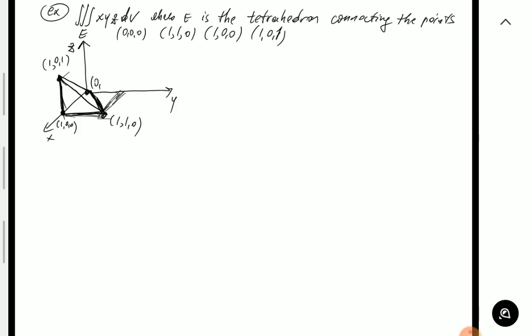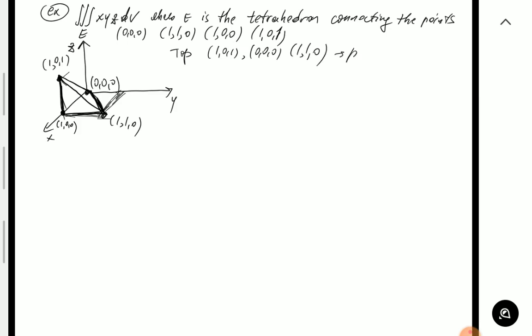So this is the point (0, 0, 0). For the purpose of Fubini's theorem, the top and the bottom share the same common domain. The top is going to be the face connecting (1, 0, 1), (0, 0, 0), and (1, 1, 0).